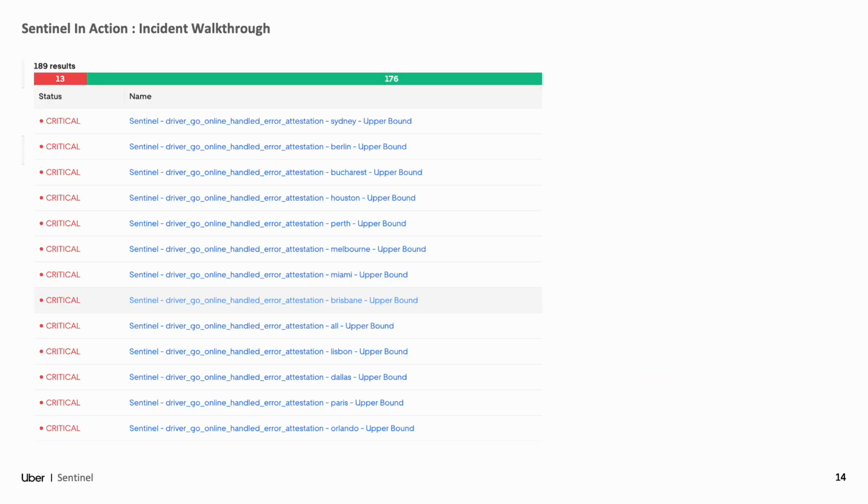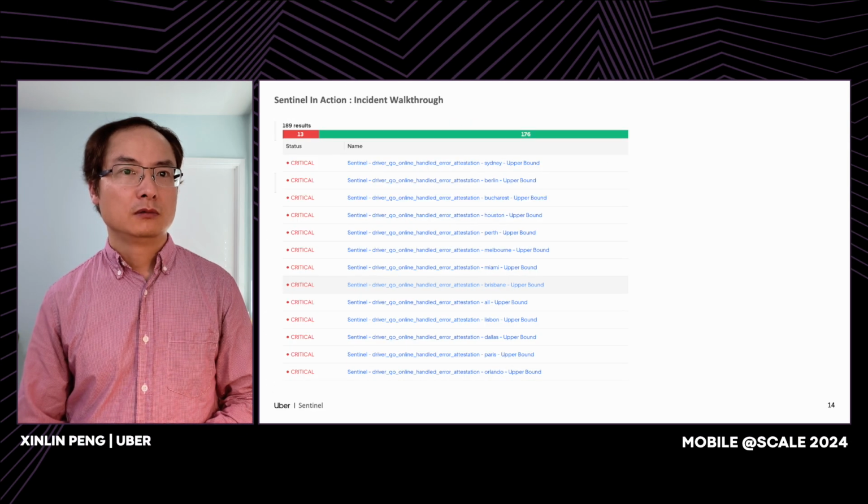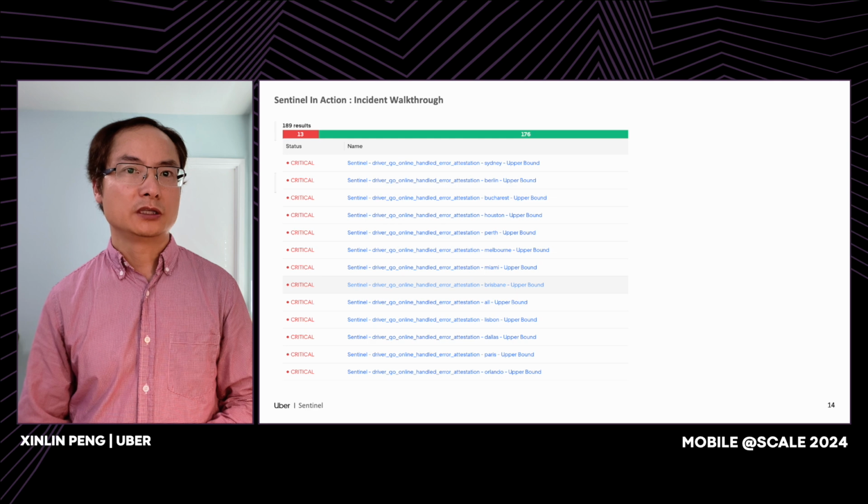Here is an example where an alert got triggered. We can clearly see that 13 out of 189 cities got impacted. Drivers in these cities could not go online successfully. Even though multiple cities were impacted, only 2 pages were generated.